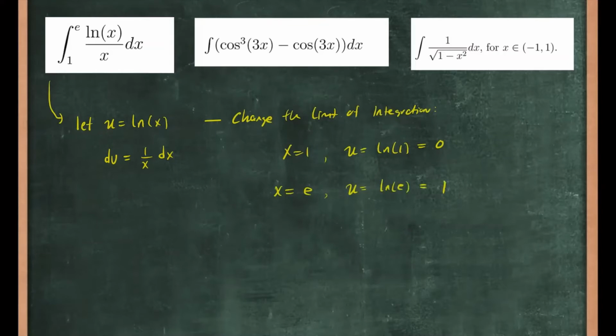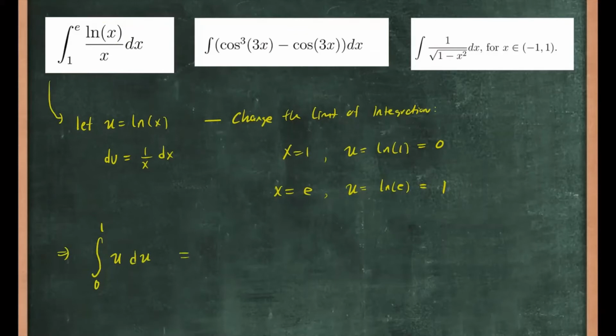So our integral is going to become the integral with lower limit 0 and upper limit 1. And then we're letting u be ln of x, so this is replaced with u. And du is going to be 1 over x dx, so this is just du. So that's what the integral becomes.